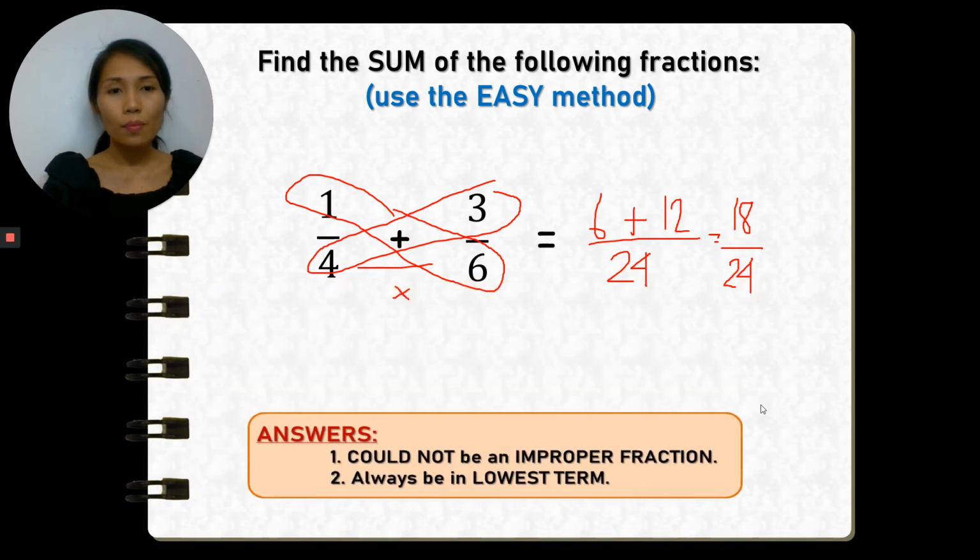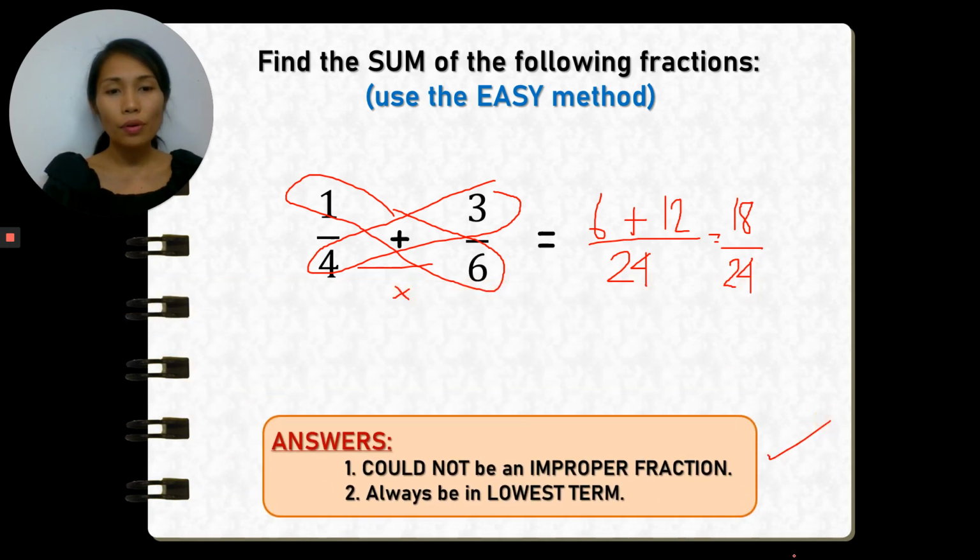Now, is it an improper fraction? No, it's a proper fraction. Is it in lowest term? Oops, not yet in lowest term because they are both even numbers. So that means we can still divide them by 2. We can also divide them by 6.